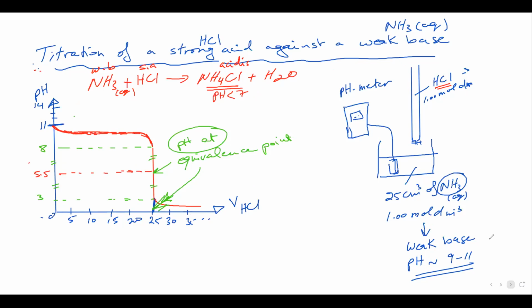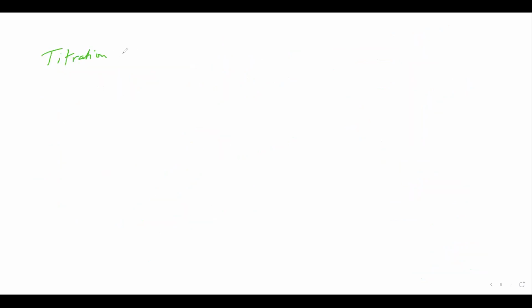What if we have a titration between a weak acid and a weak base? A weak acid with a weak base, for example, ethanoic acid with a weak base like ammonia.